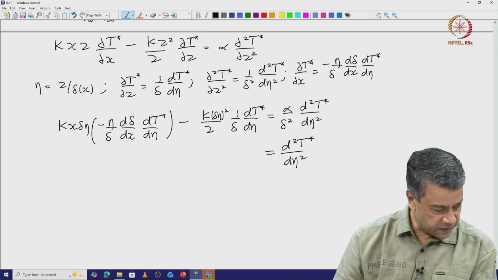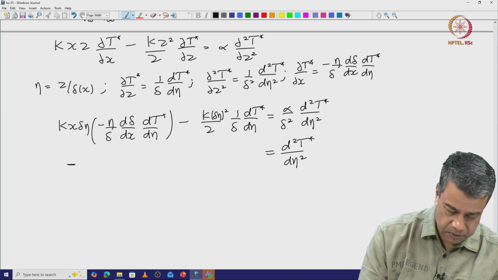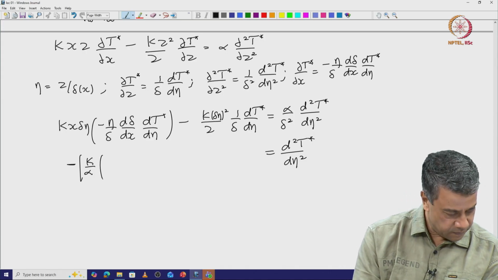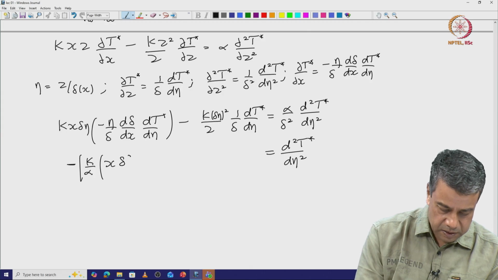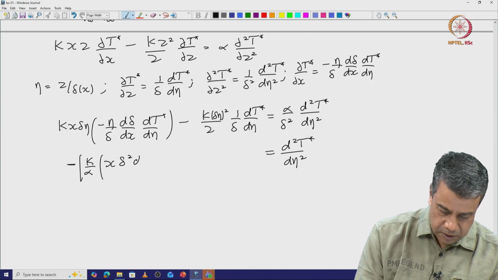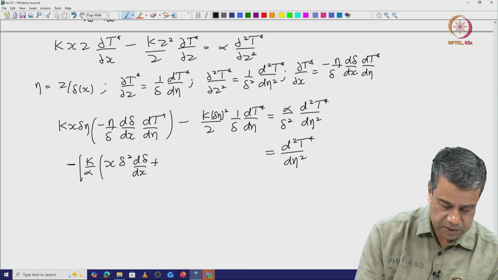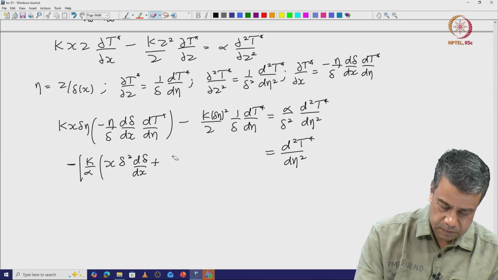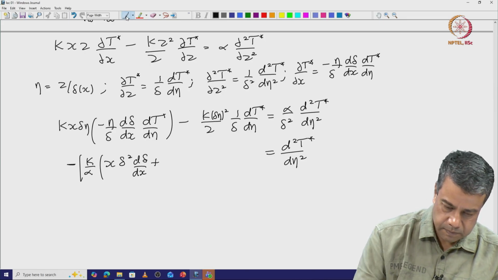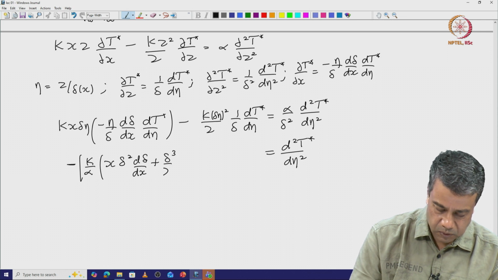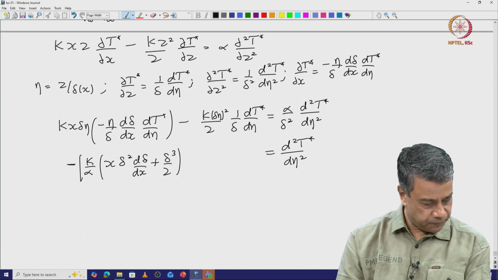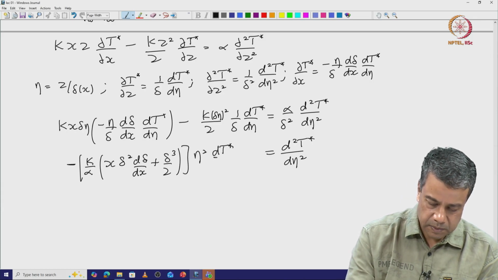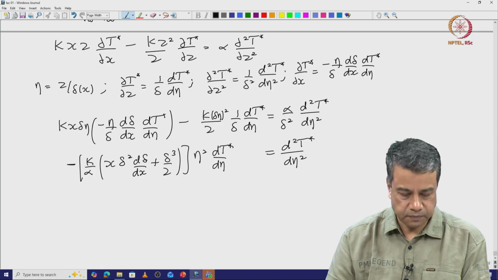On the left side I will have a negative sign throughout, k by alpha into x delta square d delta by dx plus delta cubed by 2, whole into eta square dt star by d eta.